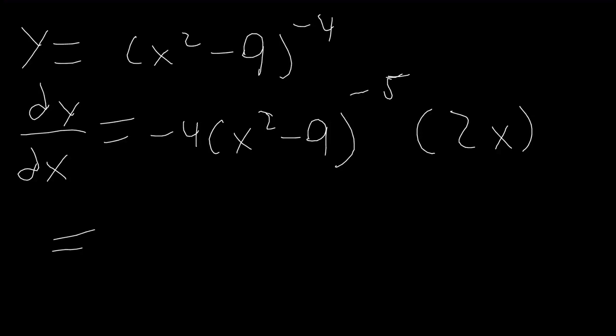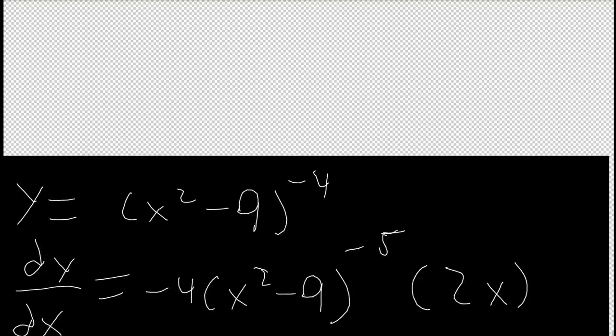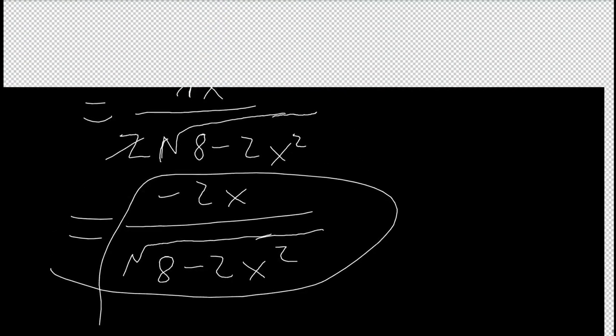And we can simplify this further because we don't like having negative exponents. So it's going to be negative 4 over x squared minus 9 to the power of 5, like we did with this one up here.